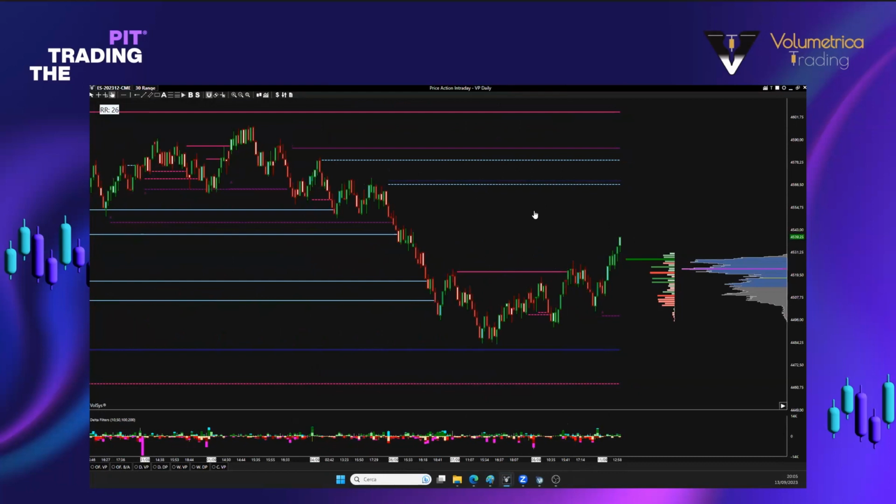Specifically, this is a 30 range chart. What does it mean? It means that every single candle that we can see here in the chart is not formed based on time as the main parameter. It is rather based on price volatility.